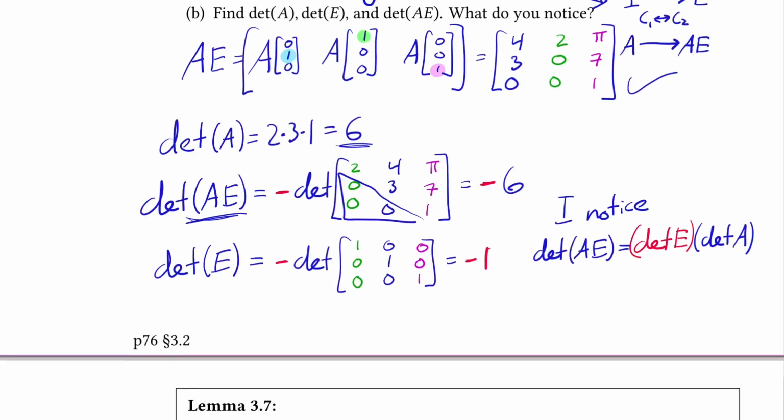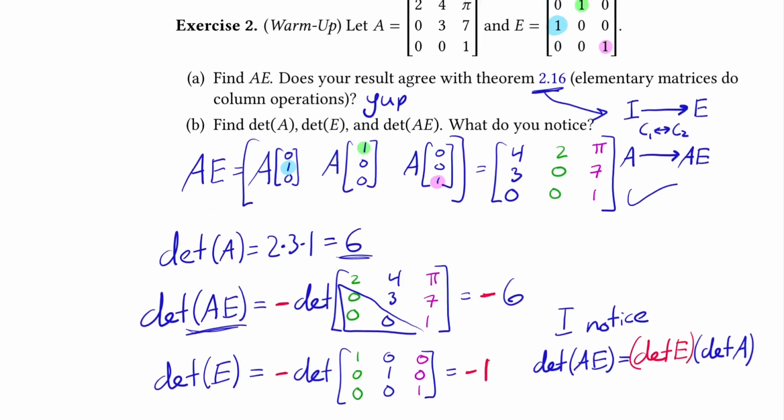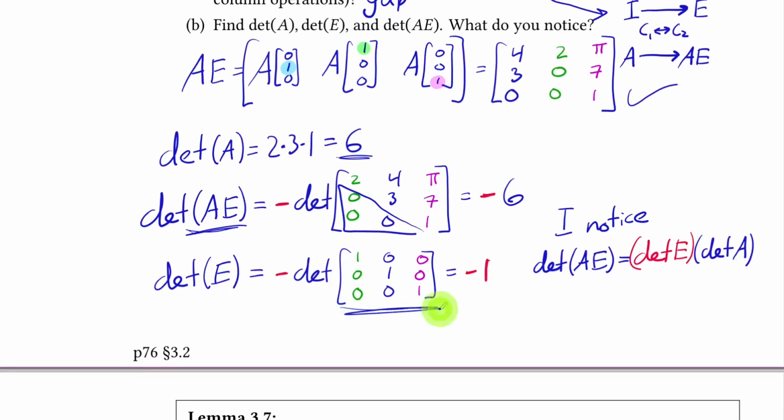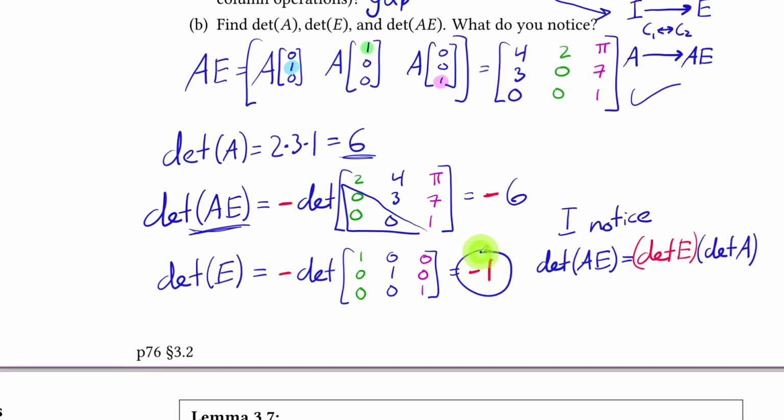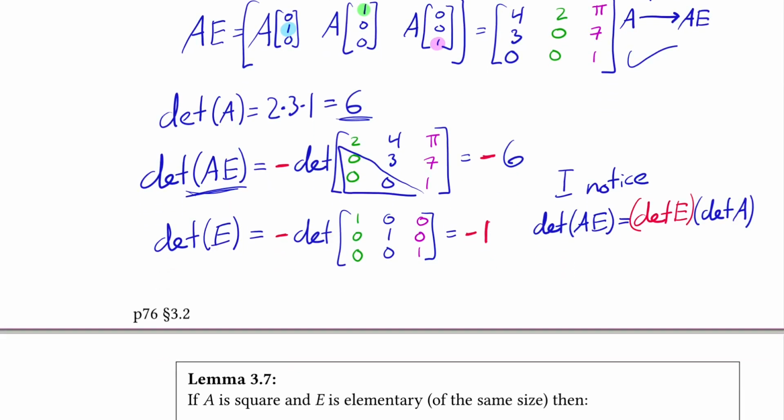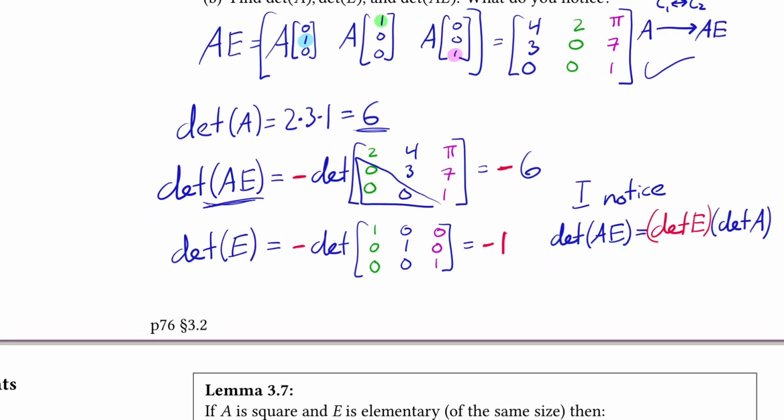The same thing is true with the determinant of E. You still need to swap two columns of E to get back to the identity, and the anti-symmetry theorem says that determinant is -1. So what I notice is the determinant of AE is equal to the determinant of E times the determinant of A. Maybe you noticed something different.